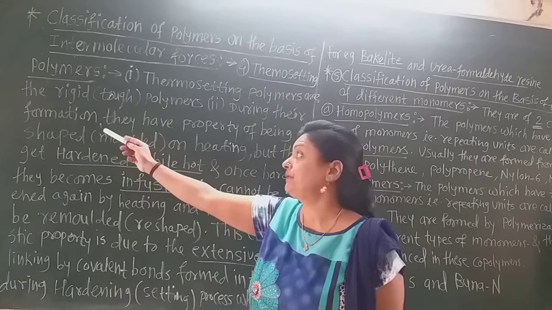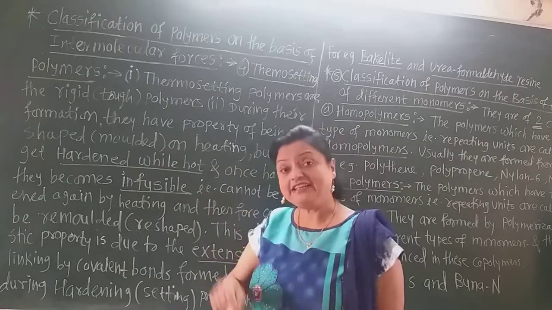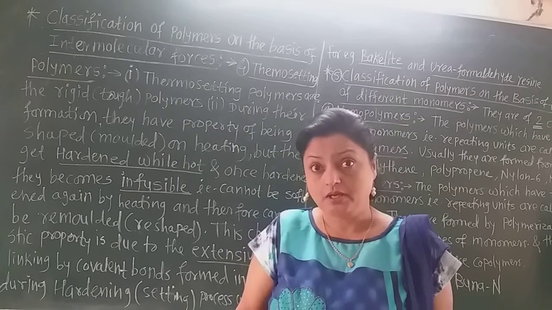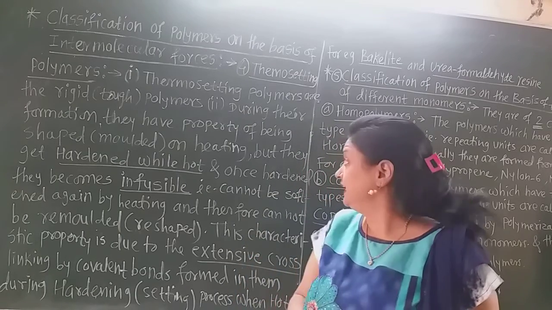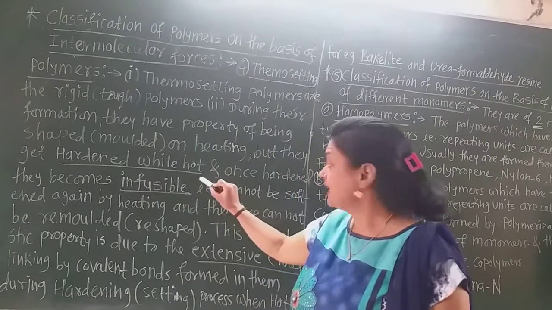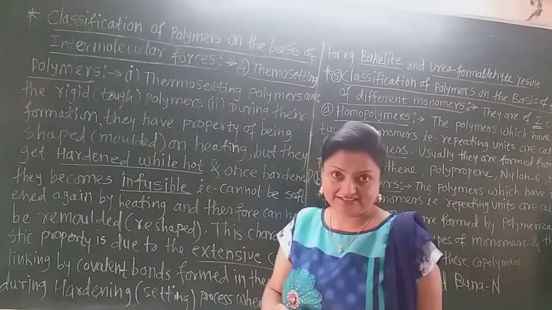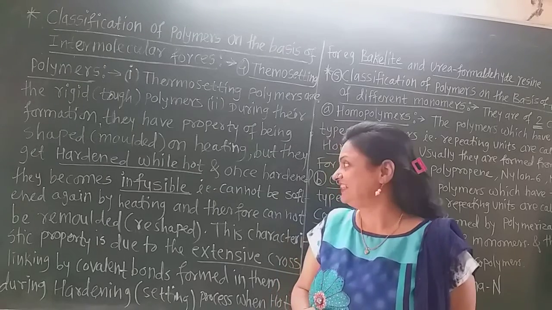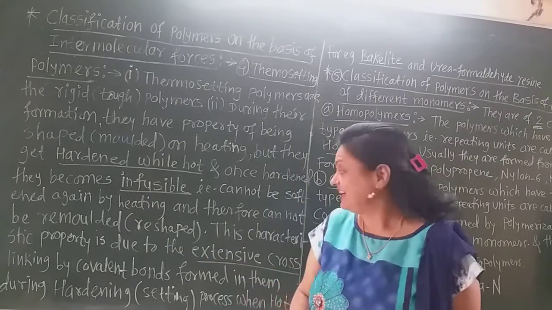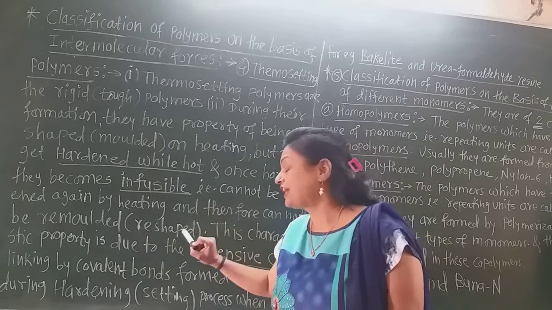When they are formed initially, they have the property to be molded or shaped on heating, but they get hardened while hot, and once hardened, they become infusible. They cannot be fused again, that is, cannot be softened again by heating, and therefore cannot be remolded or reshaped.